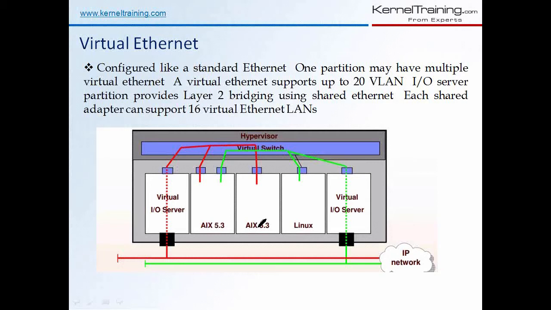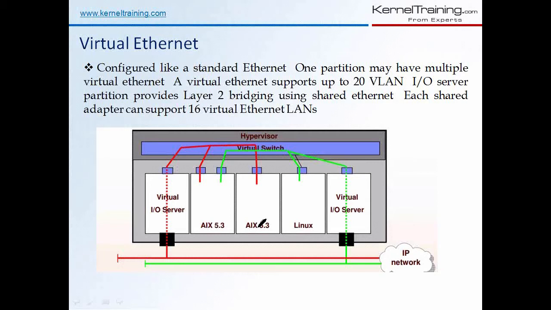Multiple virtual Ethernet cards I can assign, and they may communicate with multiple VLANs, or I can use them for more bandwidth, or many other purposes. A virtual Ethernet supports up to 20 VLANs, meaning my single virtual Ethernet card will support 20 VLANs.